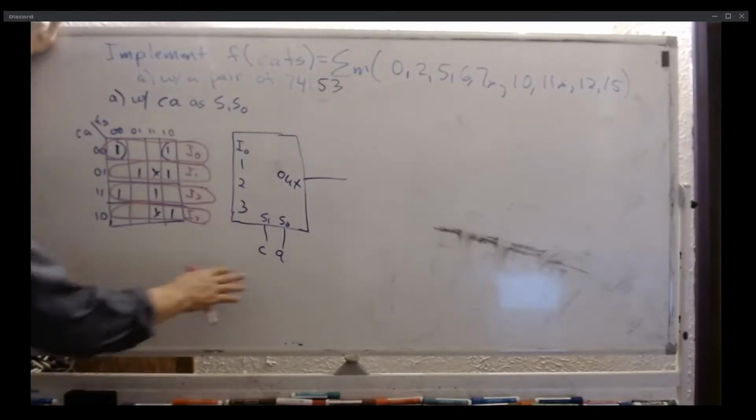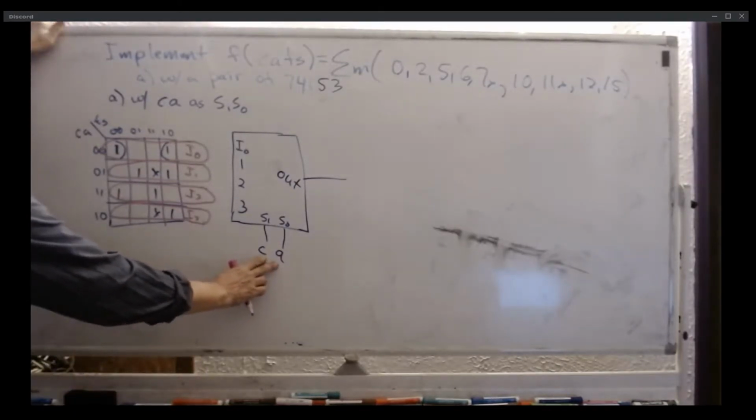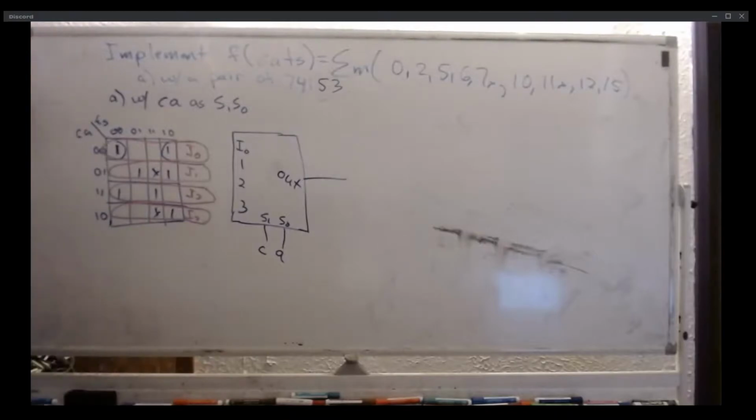Sure. If C is off and A is off, where does that put us in the Karnaugh map? Puts us in the top row. Okay, I think I get it. I0 through I3 are permutations of C and A, which is to say 0, 0 through 1, 1. I remember Brooke explained it to me and I didn't understand until lab.